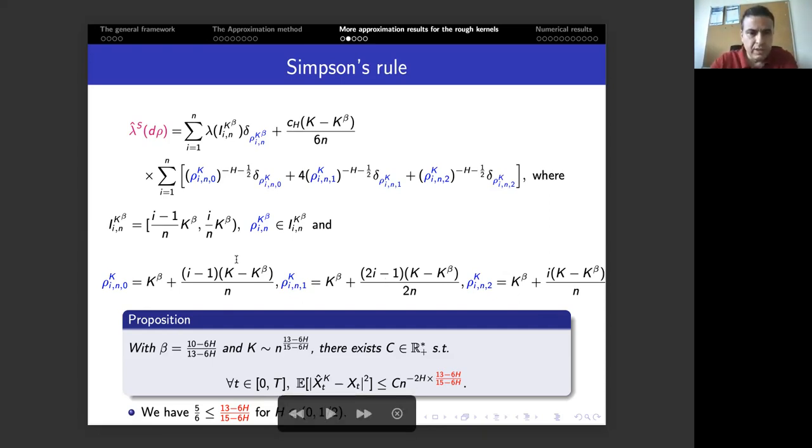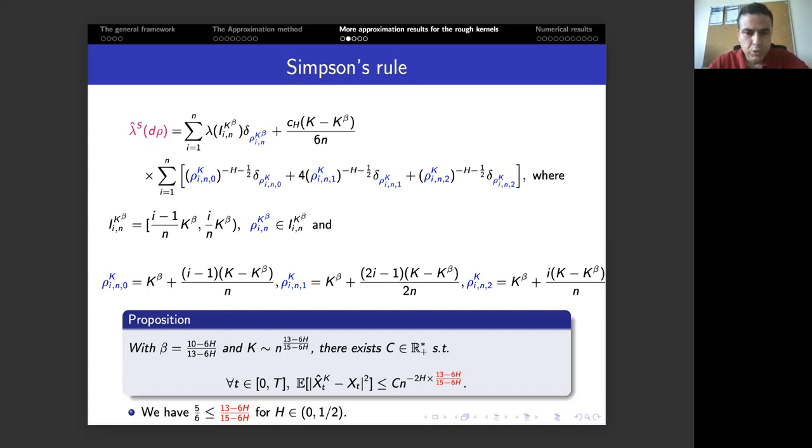We have to optimize the beta for the truncation on 0 to k to the power beta, and of course we have to choose the optimal truncation k in this case. It turns out that the optimal beta is given by the ratio 10 minus 6h over 13 minus 6h, and the optimal truncating constant should be given by n to the power 13 minus 6h divided by 15 minus 6h.